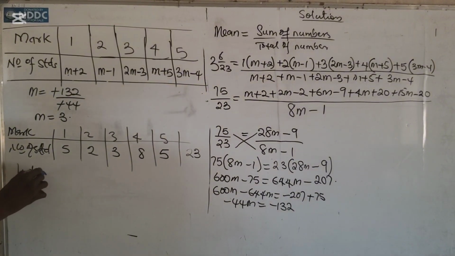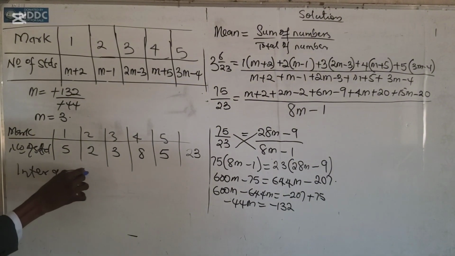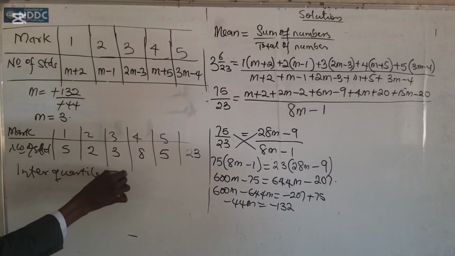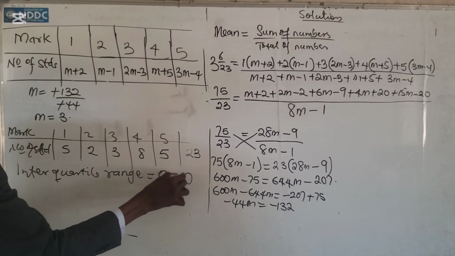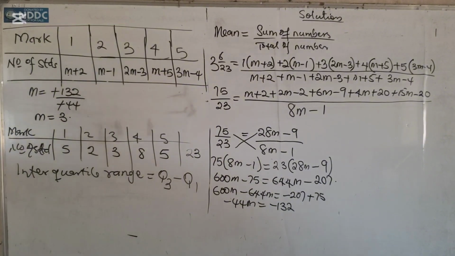Interquartile range is equal to the upper quartile minus the lower quartile. Let's get the lower quartile.